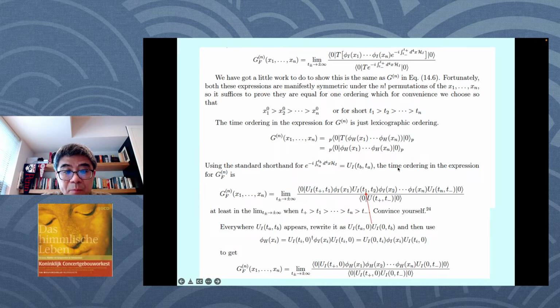Okay. So now this phi I, so I hope I convinced you that this time evolution operator should be divided into one section, two sections, between sections, and put into their rightful places. And when they are put into rightful places, this UI could be written again as the product of this UI TA0 and UI 0 TA.